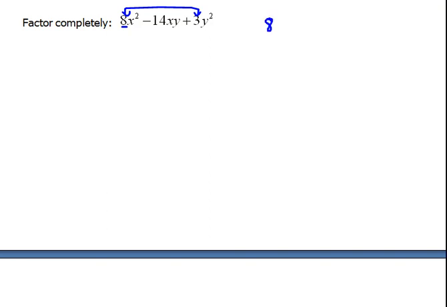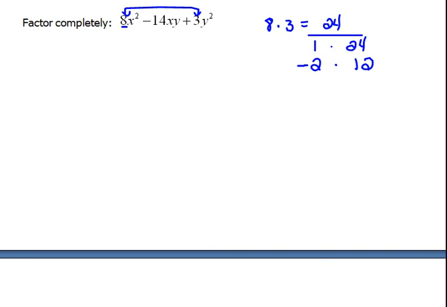So let's see, 8 times a positive 3 is going to be 24. Because it's positive, that tells us we're going to be adding these numbers together. As you're doing your factors, try to keep in mind what two numbers you can add together to get a 14. So 24 would be 1 times 24, or 2 times 12. Hey, how about that?